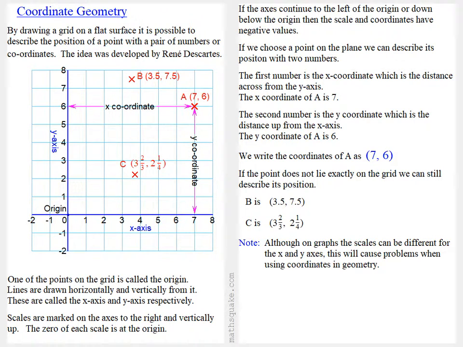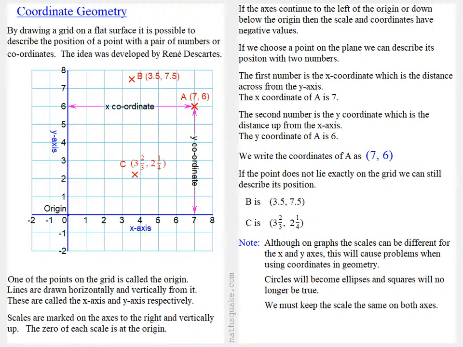Note, although on graphs the scale can be different for the x and y axes, this will cause problems when using coordinates in geometry. Circles will become ellipses and squares will no longer be true. So we must keep the scale the same on both axes.